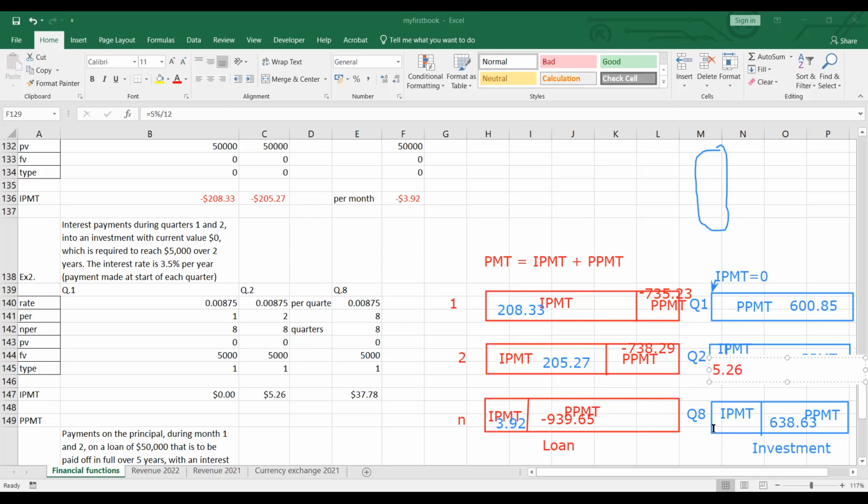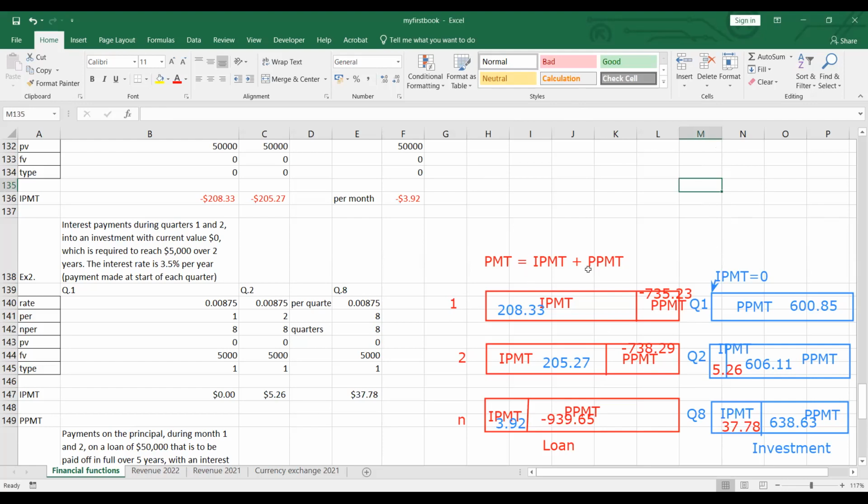And quarter number 8 is 3778. Okay, so now what I would like you to see in this one? Let me add some numbers for you.